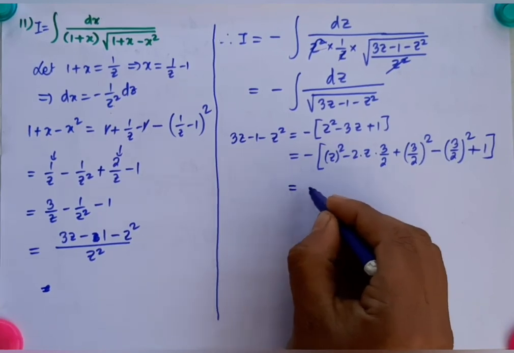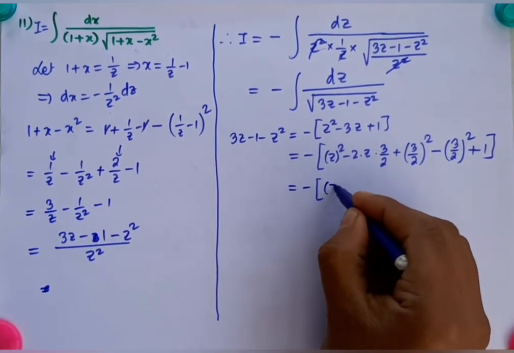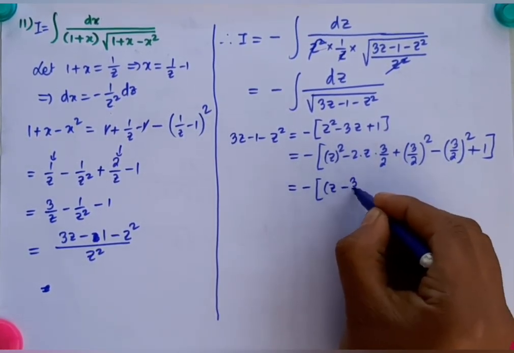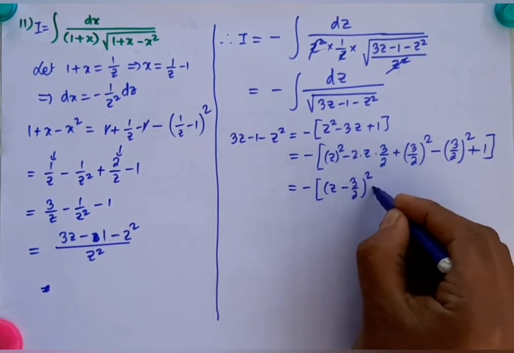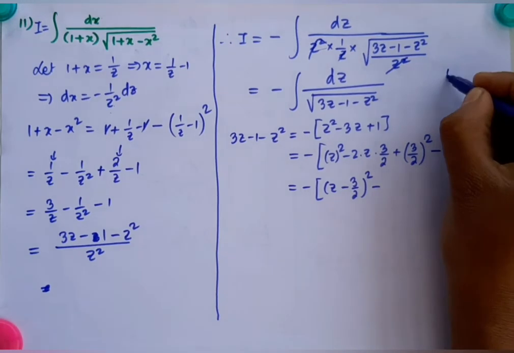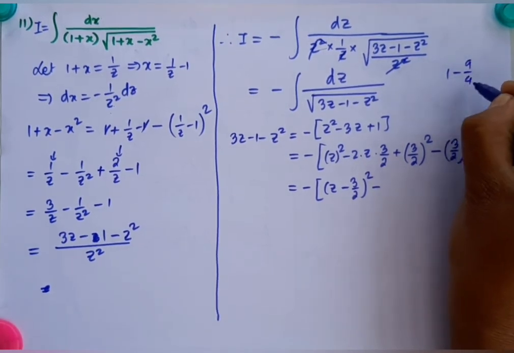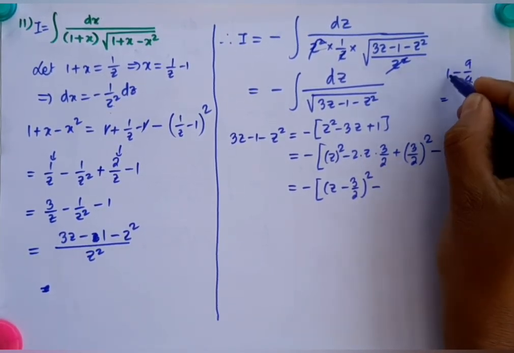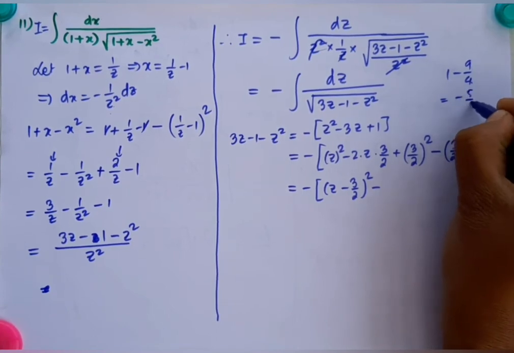So this is z minus 3 by 2 whole square. This is minus 9 by 4. So 1 minus 9 by 4 is how much? Let's see. So this is minus 5 by 4, isn't it?